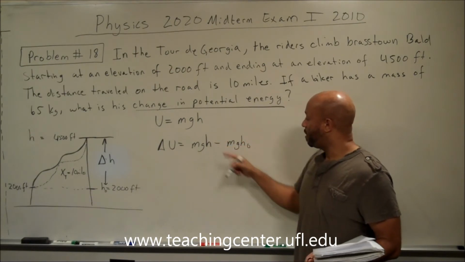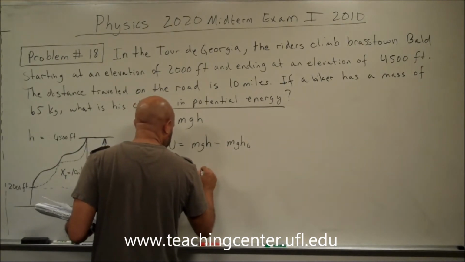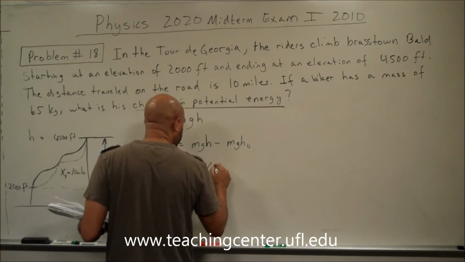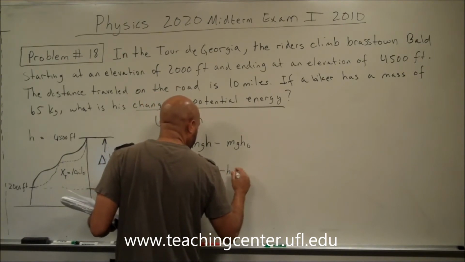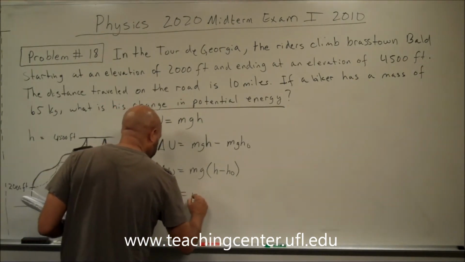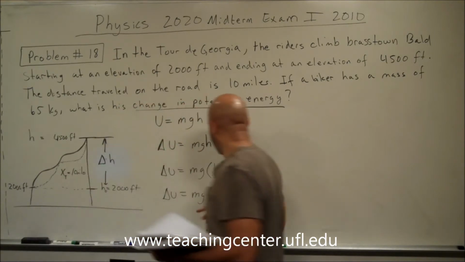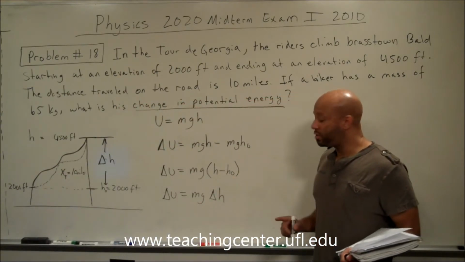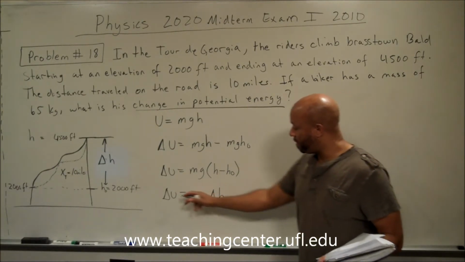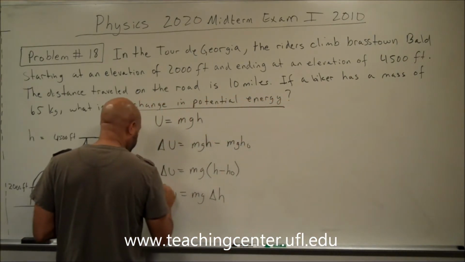So the change in potential energy can be defined as mg times the difference in height. If we define your final height minus your initial height as delta H, your change in height, this is the equation for the change in potential energy.